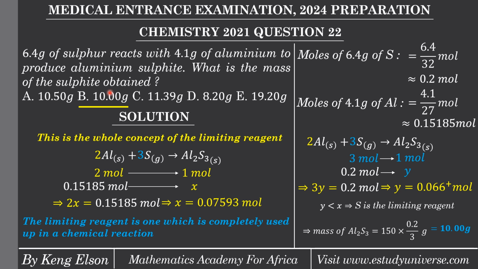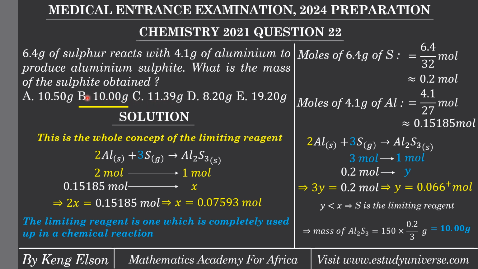Anyways, like I said in the beginning, if somebody just assumes that maybe aluminium is the limiting reagent, or just uses this value and multiplies by 150, you are going to have 11.39 clearly. So you see all the answers were there.